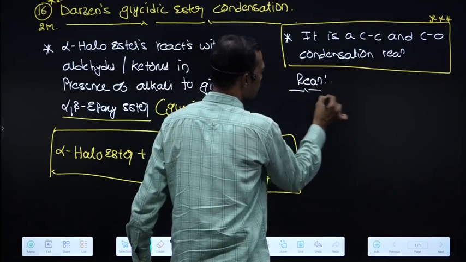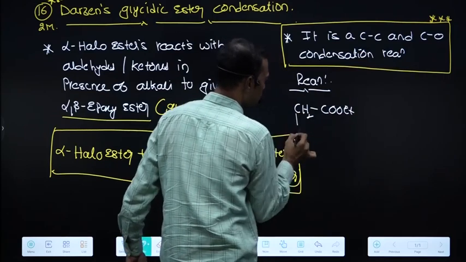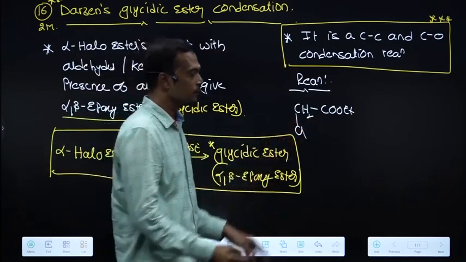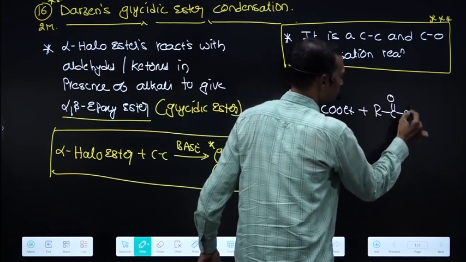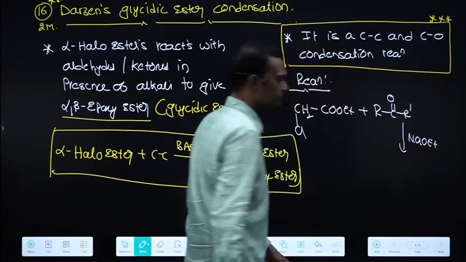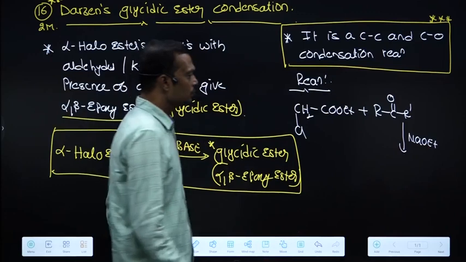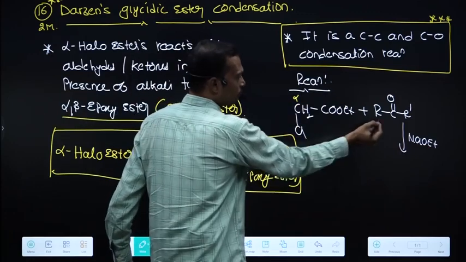Now see this. I am taking an alpha halo ester. This position I am writing halogen. Is it alpha halo ester? Now it is reacting with R C double bond O R. It may be symmetric ketone or unsymmetric ketone. Now NaOH is the base. Alkoxide, hydroxide, you take any one. Now this alpha carbon carries halogen. Now what happens?